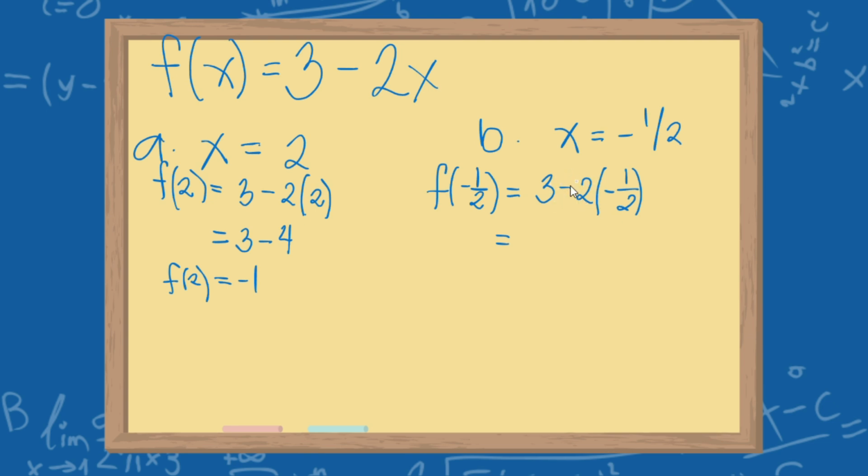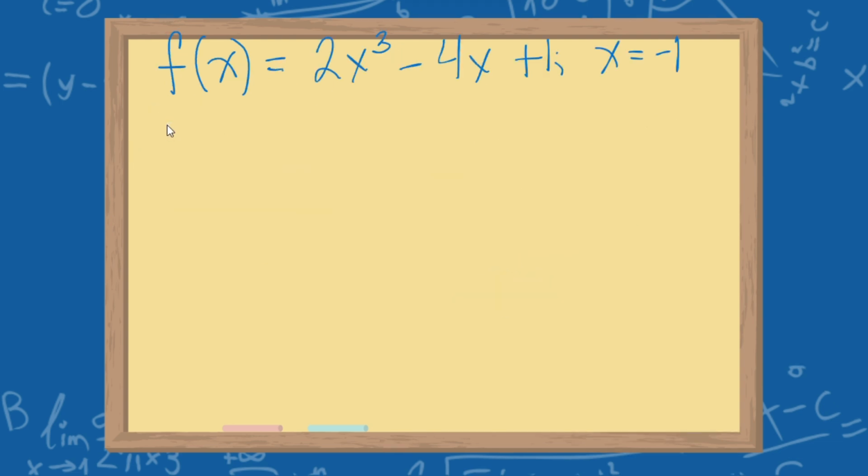Since we have a multiplier 2 here, and in the denominator we can also get negative 2. Then by cancellation, ang matitira na lang is 1. And 1 divided by 1 is simply 1. So 3 minus 1. Then f of negative 1/2 is equal to 3 minus 1 or 2.